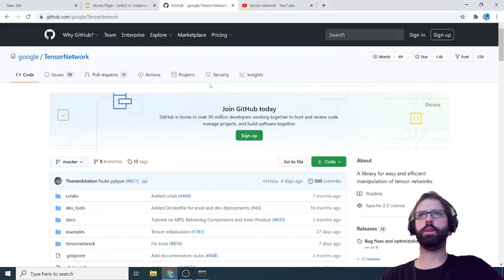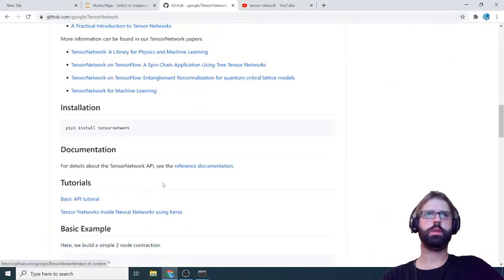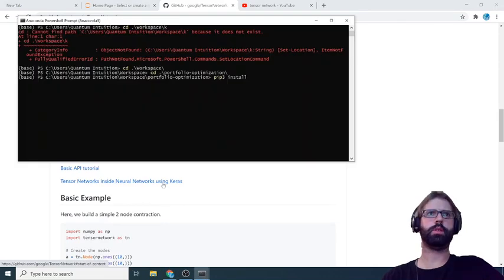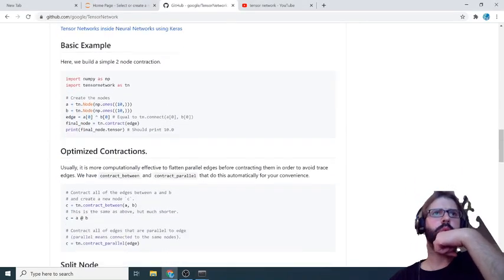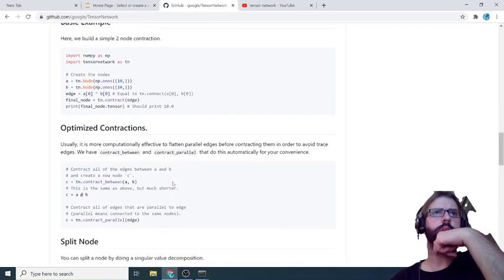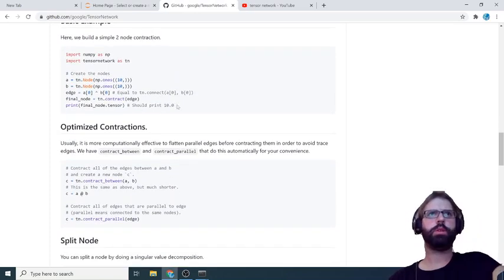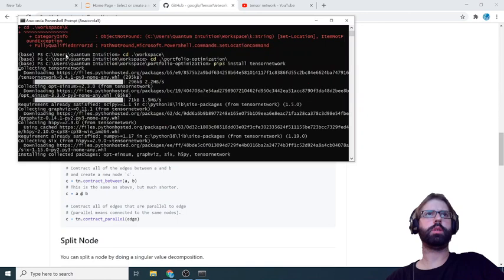What's the Tensor Network? Cool. Basic API tutorial, basic example. Let's see. Cool, it's installing.